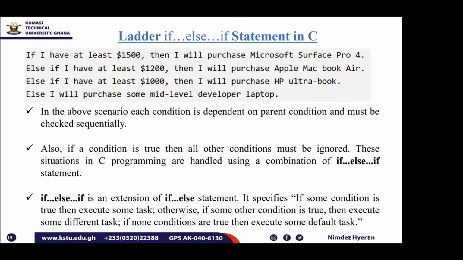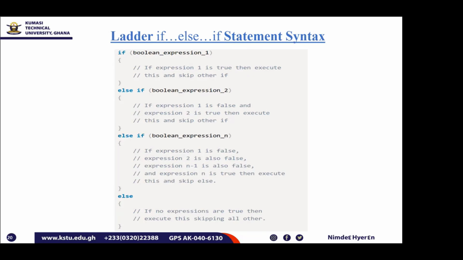Or if some other condition is true, execute that task. And then if none of the conditions are true, you execute a default task. So that is basically how the if-else-if statement behaves.